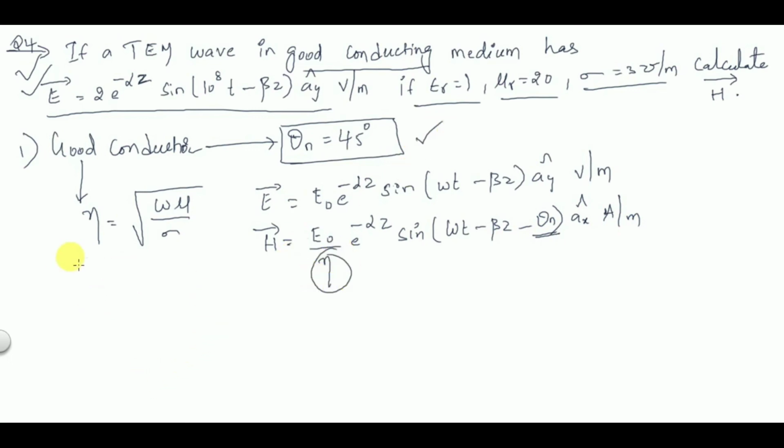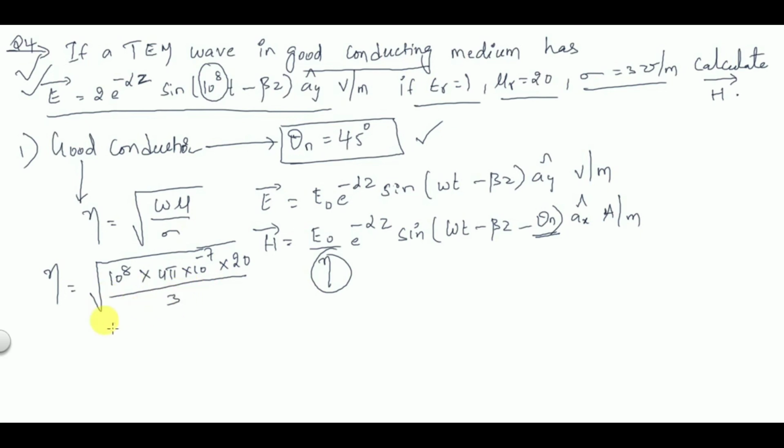So first we find eta. Eta is equal to the square root of omega mu by sigma. Omega value is 10 to the power of 8, from the standard form sine of omega t. And mu naught into mu r is 4 pi into 10 to the power of minus 7 into 20, divided by sigma, which is 3.